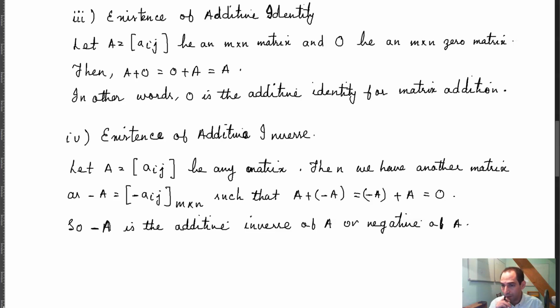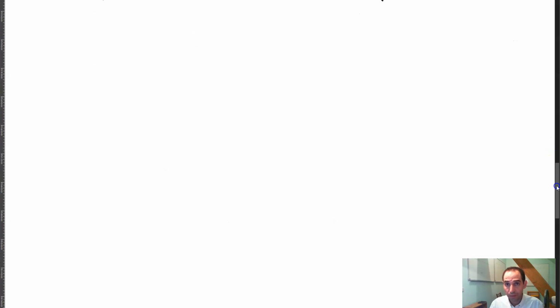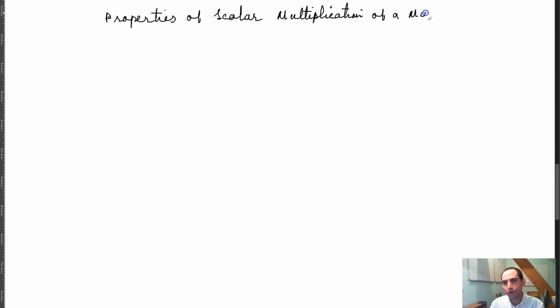Now there are a couple of things related to the properties of scalar multiplication of a matrix. So let's see what they are.